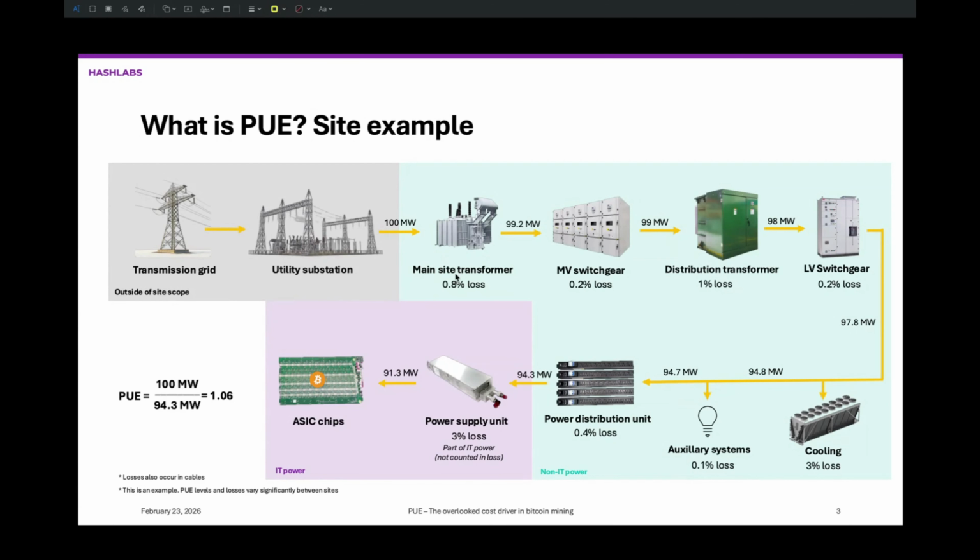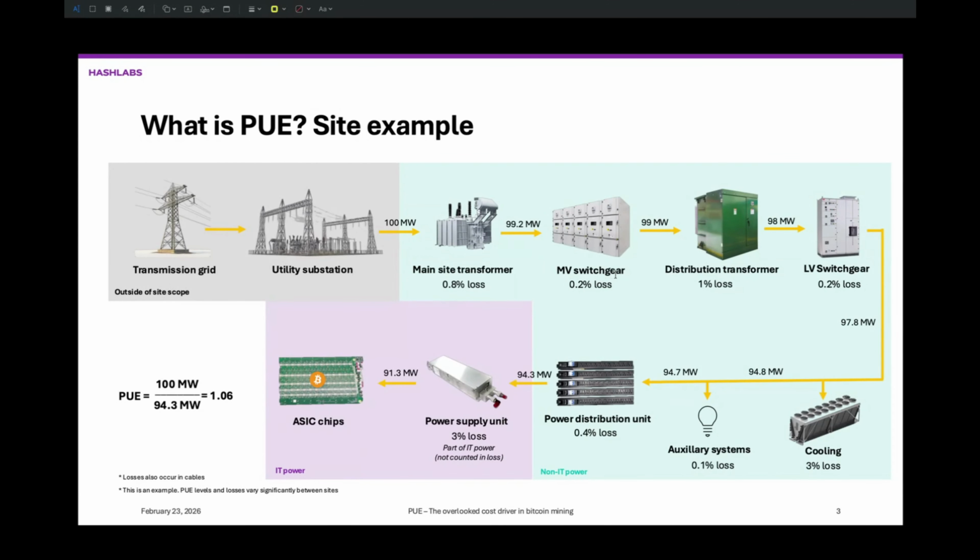That main site transformer in our example has a 0.8% power loss. Inside transformers, there is some power being lost through various means. So there's 100 megawatts going into that transformer, and 99.2 megawatts coming out. So we see already a little bit is lost here.